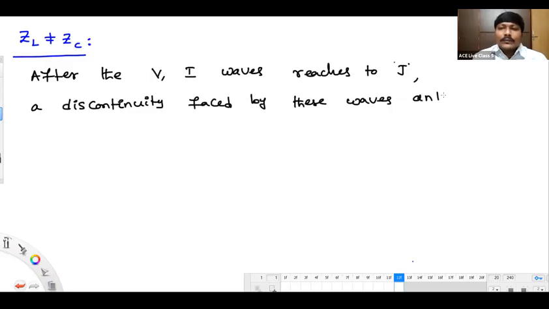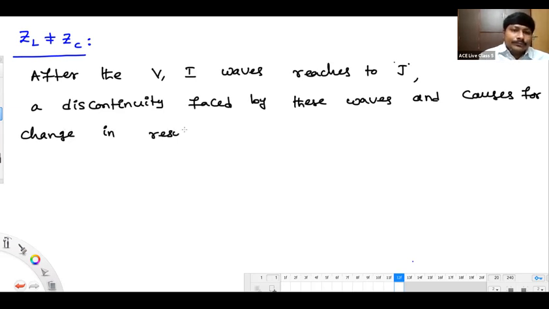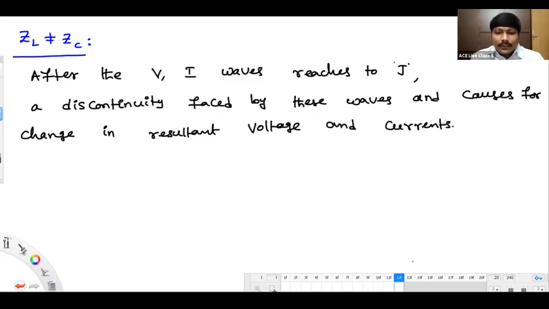And it causes a change in voltage and currents. A change in the resultant voltage and currents.